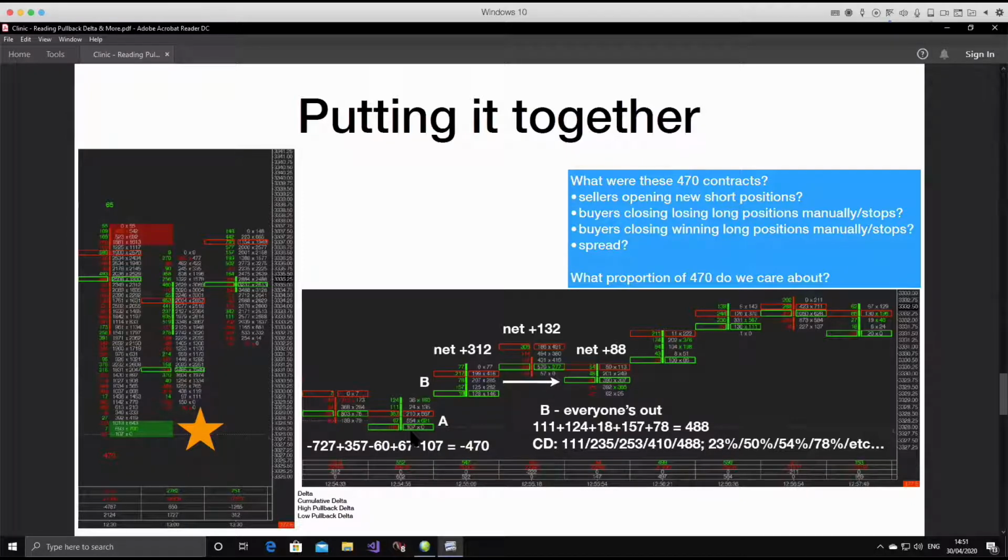So Michael, whenever you carve up volume with these arbitrary horizontal divisions, you're going to see patterns in the footprint in different places, because all of these horizontal divisions are arbitrary. The reason I look at the 30-minute footprint is because my setups are based upon market structure and concepts of market profile.